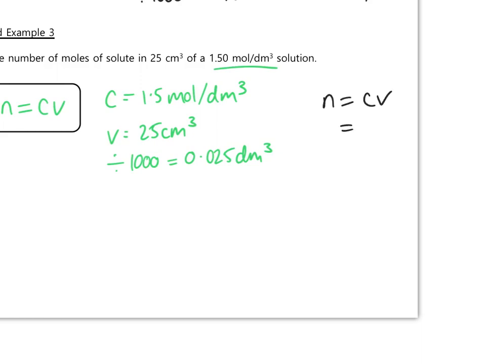Now that my units match up, it is simply 1.5 times 0.025, and that should come out as 0.0375 mol. So that's just simply using a rearrangement of the equation. Is that all okay? Again, making sure that you have your units of volume in decimeters cubed is the key thing.